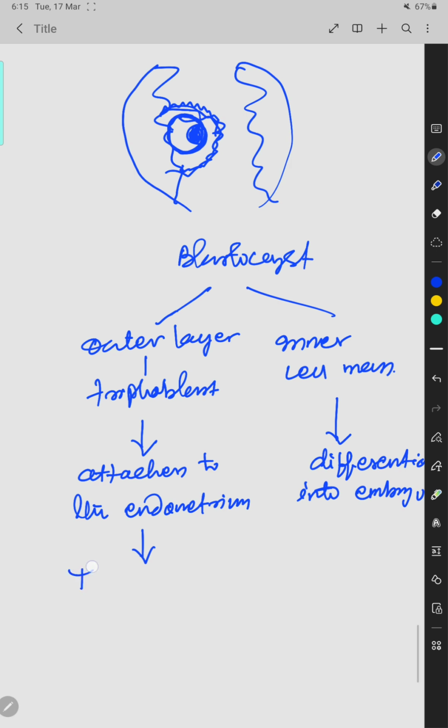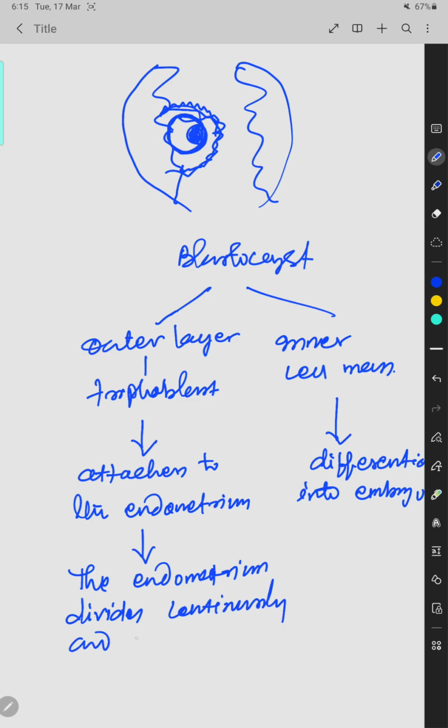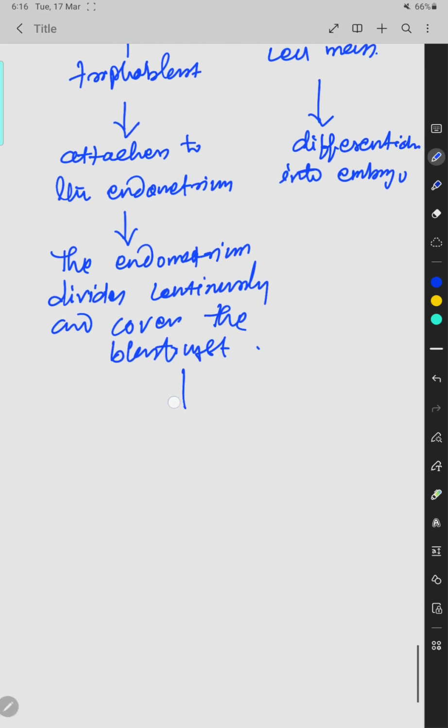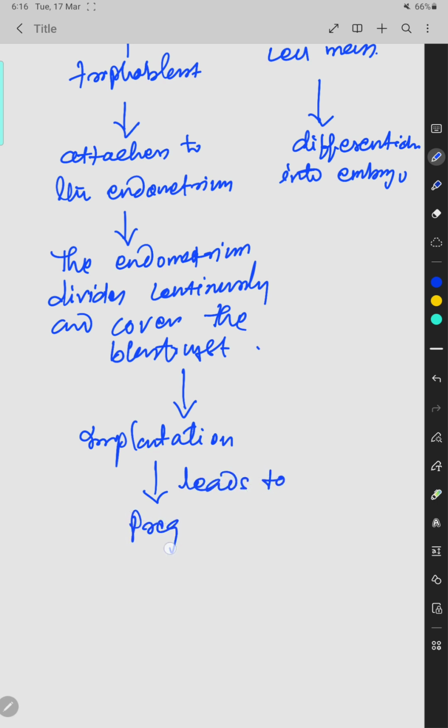Now the endometrium divides continuously and covers the blastocyst. Okay. Now this process is called implantation, and it leads to pregnancy.